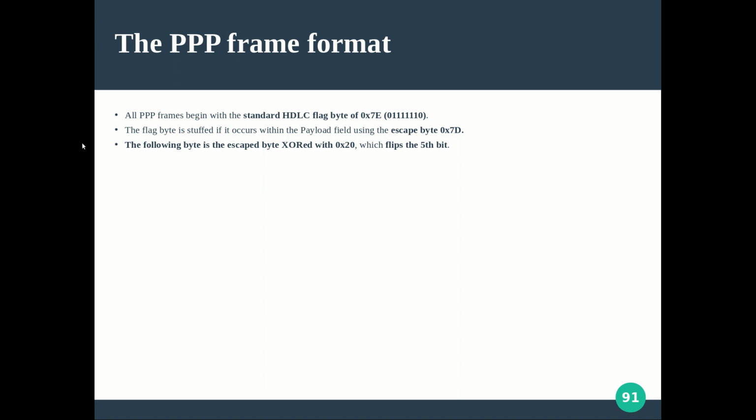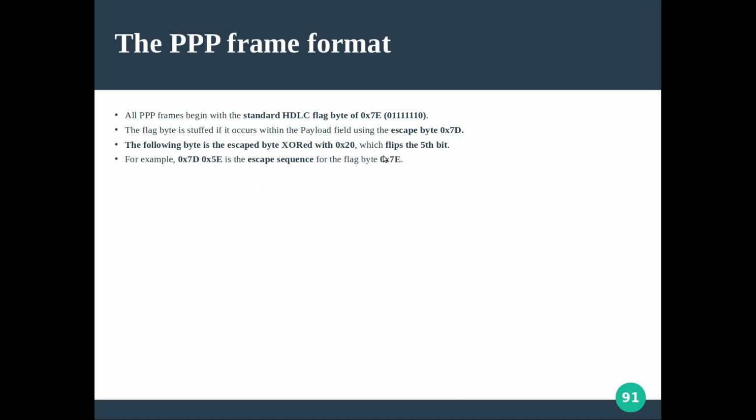For faster synchronization, if the pattern occurs, we append the escape byte, and also the byte following it, which is part of the pattern, we XOR with 0x20. We will see an example. The effect of XORing with 0x20 in hexadecimal is that the fifth bit is flipped.